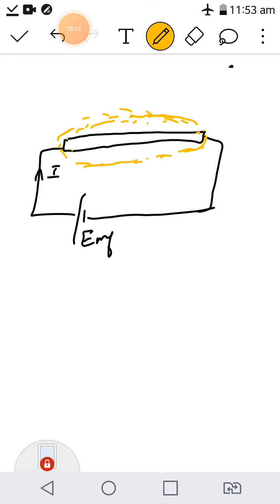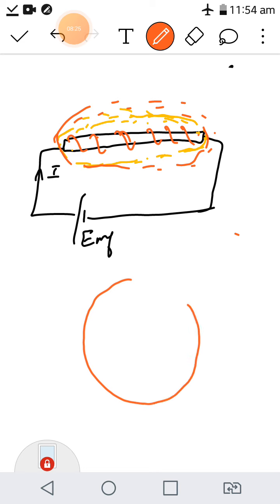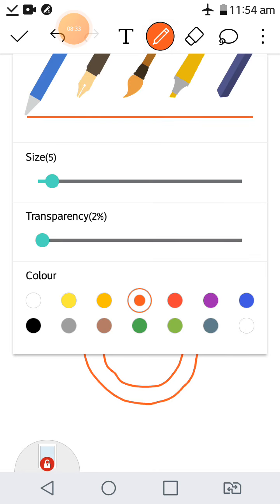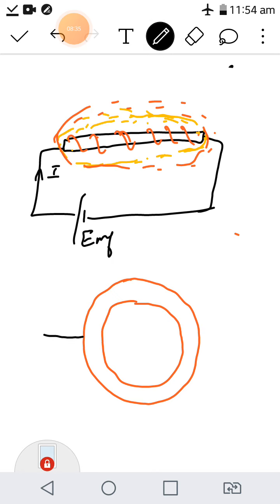So this magnetic field can be stronger if we place a solenoid like this. Turns are wound here, so the magnetic field will be more if we keep a solenoid here. That all we know. And another term that you might have learned also is a toroid, a round steel core. Assume that this is a steel core, and I have certain wires wound here like this.